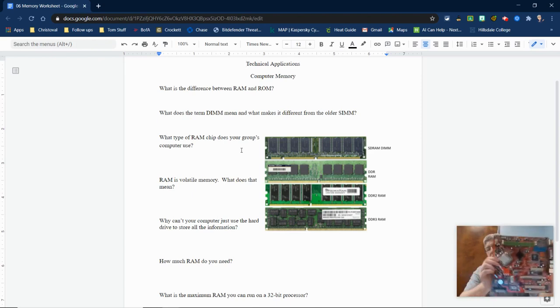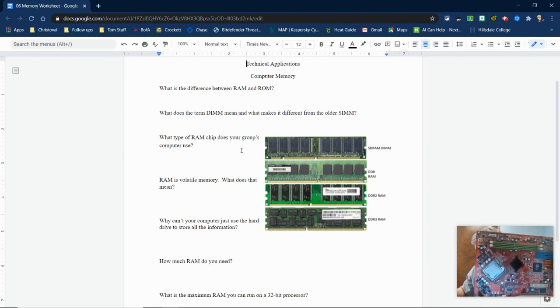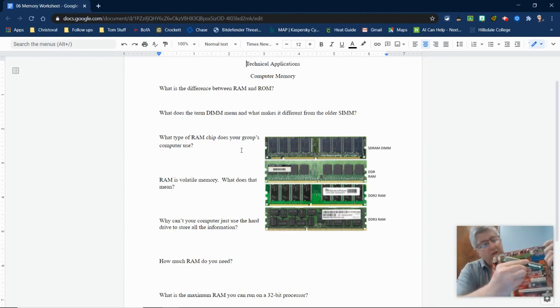So on your motherboard, on your computer, there are memory slots. These hold RAM chips. And in those, there's actually a small notch in there too. So you can line up that notch with the notch in your RAM, and you'll know you have the right RAM.